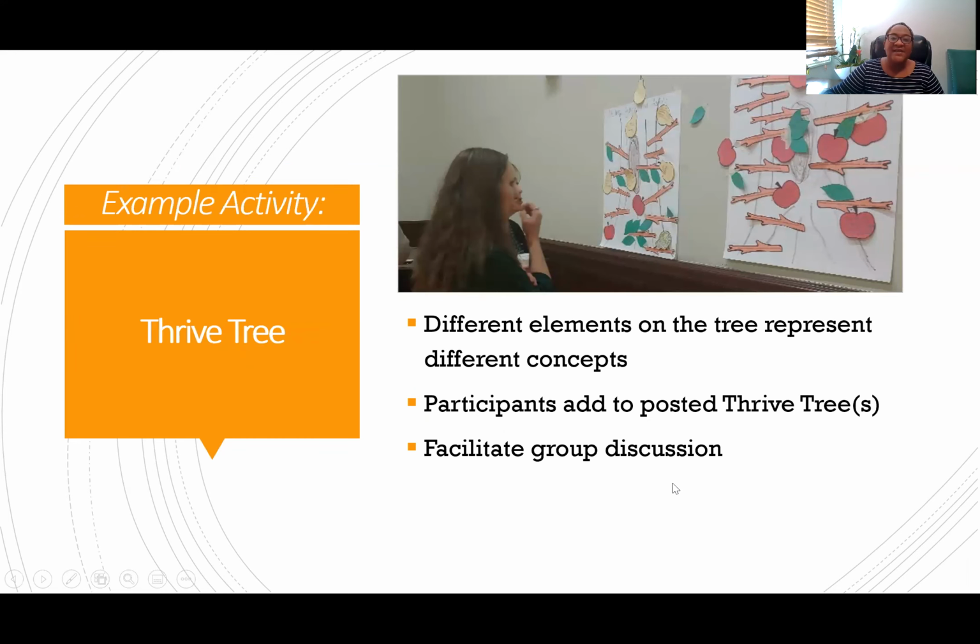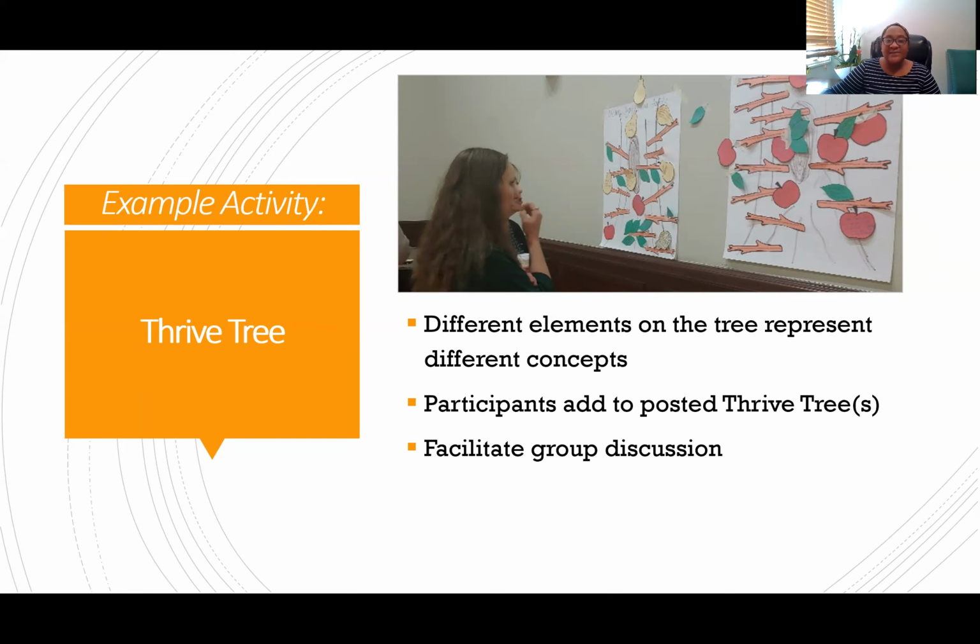Here's an example of a data party activity. It's called a Thrive Tree. On a Thrive Tree, different elements of the tree represent different concepts. So you have the bare trees posted, either on the wall or on the table or even the floor. And you have a legend explaining to participants what each shape or element means.